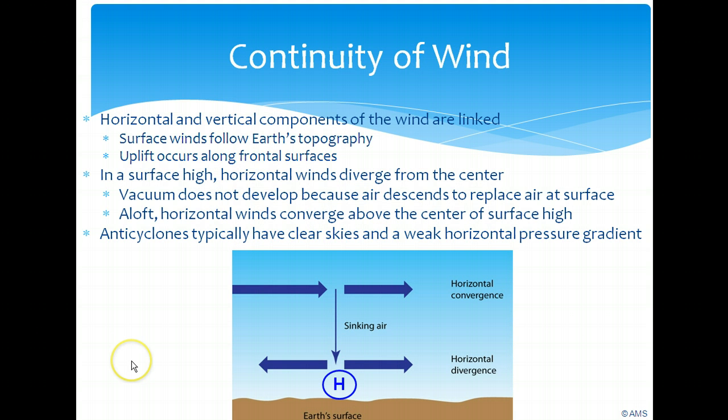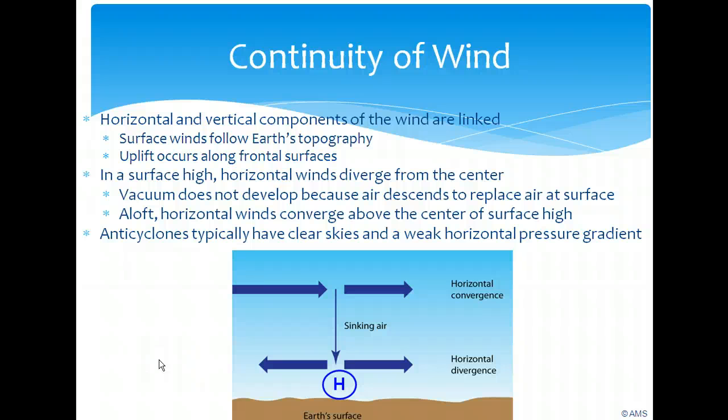Like all fluids, air is continuous, and this continuity implies a link between the horizontal and vertical components of the wind. For example, surface winds are forced to follow Earth's undulating topography, going up hills and descending into valleys. In addition, uplift occurs along frontal boundaries as one air mass advances and either overrides or pushes under another retreating air mass.